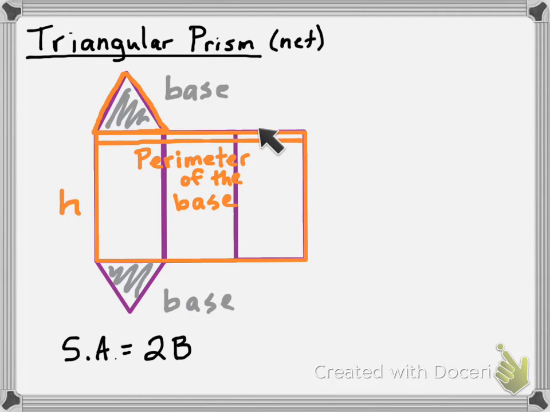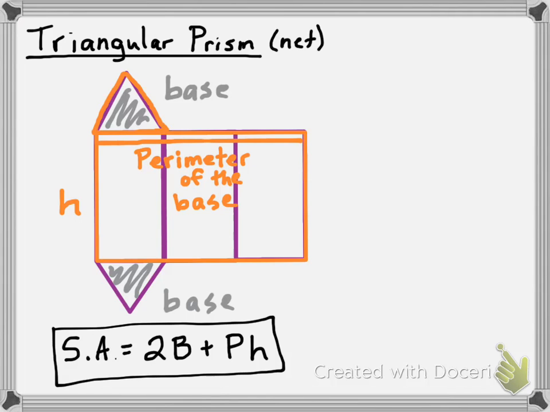Well, how far is this one? It's the same as the perimeter of the base, and this is the height of the prism. So I need to add the perimeter of the base times the height. So I get the exact same formula.